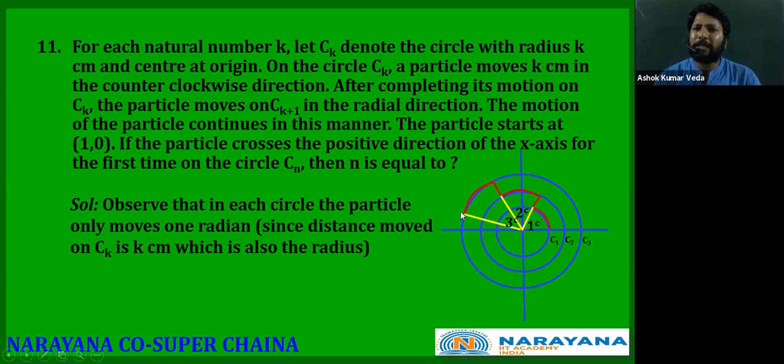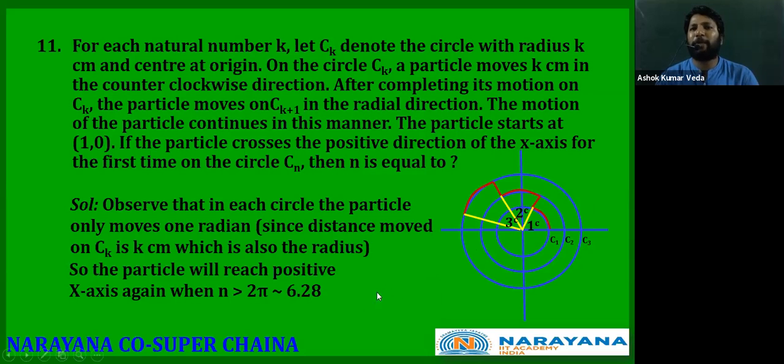So when will it reach the x-axis again? It will reach the x-axis again when it has finished how many radians? Yes, 2 pi radians, which is the angle of the complete circle. In terms of numbers, 2 pi should be 6.28, because pi is approximately 3.14.